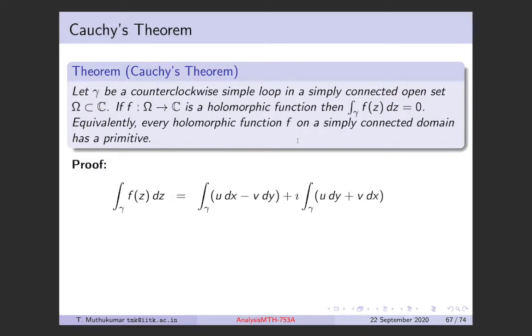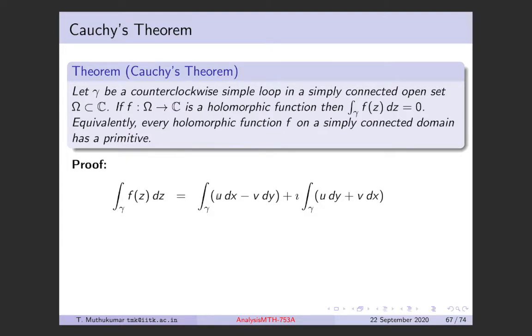So one, let's start with the integral of f over the loop. Now f has a real and imaginary part, u plus iv, and z has the real and imaginary part x, y. So this is dx plus i dy. You do this computation, separating the real and imaginary part of the integrand, and you are going to get this.